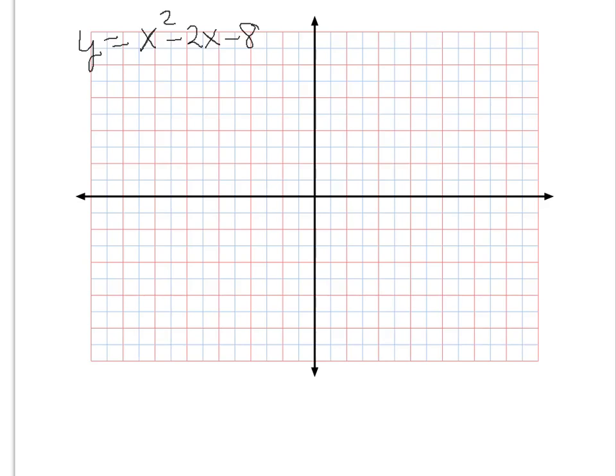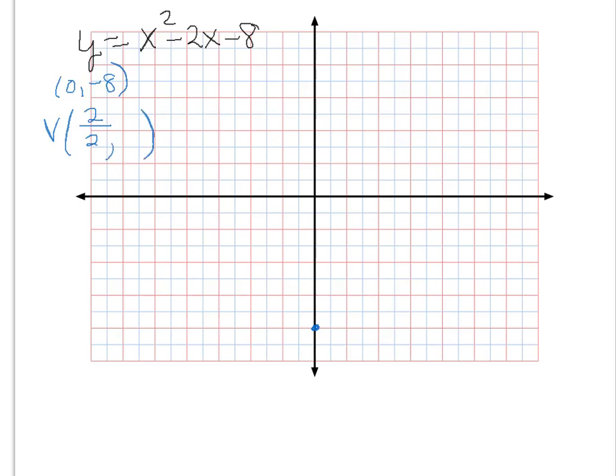So I'll quickly review the steps hopefully you went through. So the y-intercept would be -8, so you can plot that point. Again, you have 1 point then, 0, -8. If you find the vertex, the x value will be opposite of b, so +2 over 2a, which is 2 times 1. So you get 1.